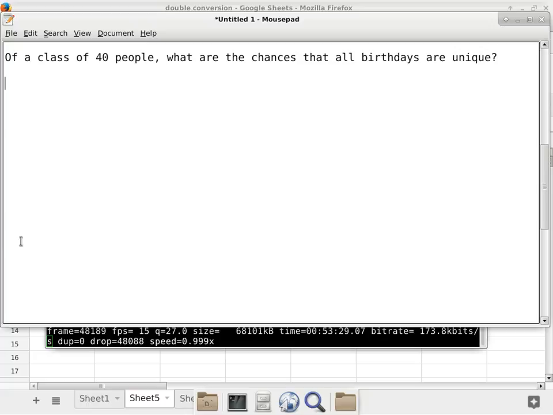But this is not giving you the chances, it's giving you the number of outcomes that will make the birthdays of an entire class unique. In other words, this is telling you the number of ways that I can choose 40 cards out of 365, each card representing each day of a year, and distribute those cards to 40 people in the class.